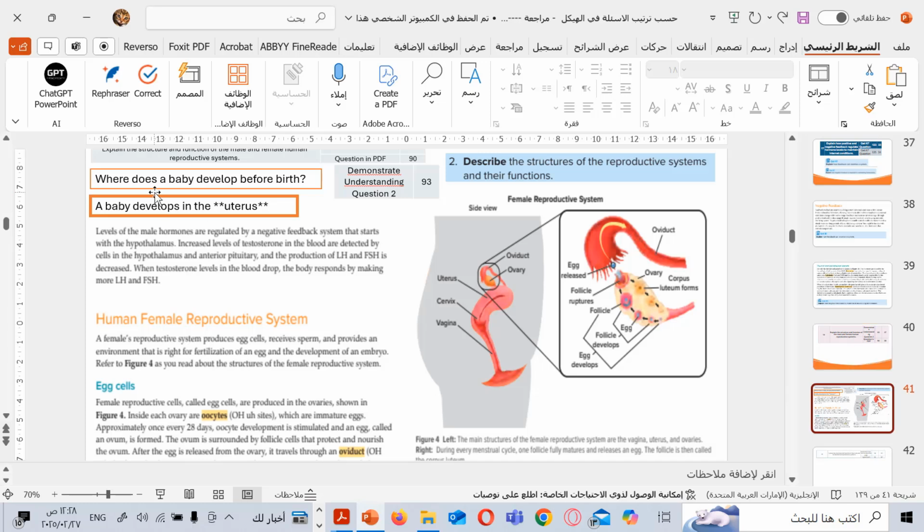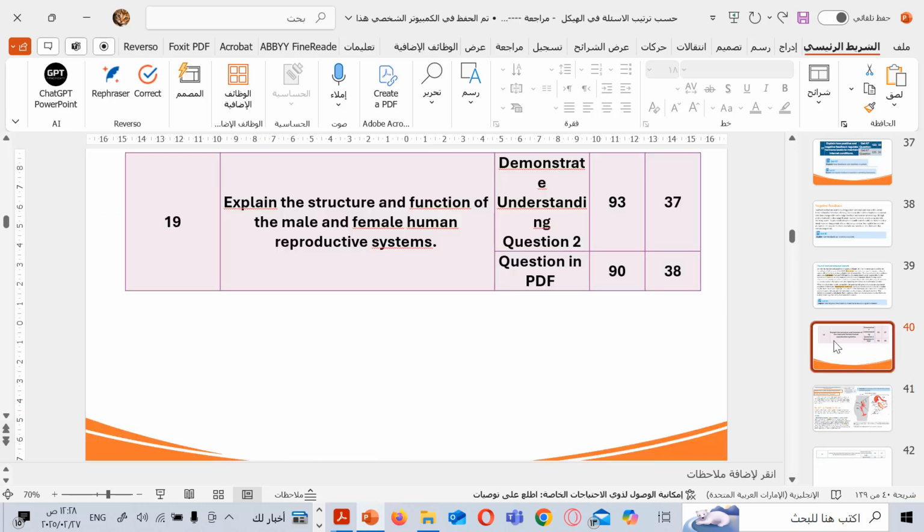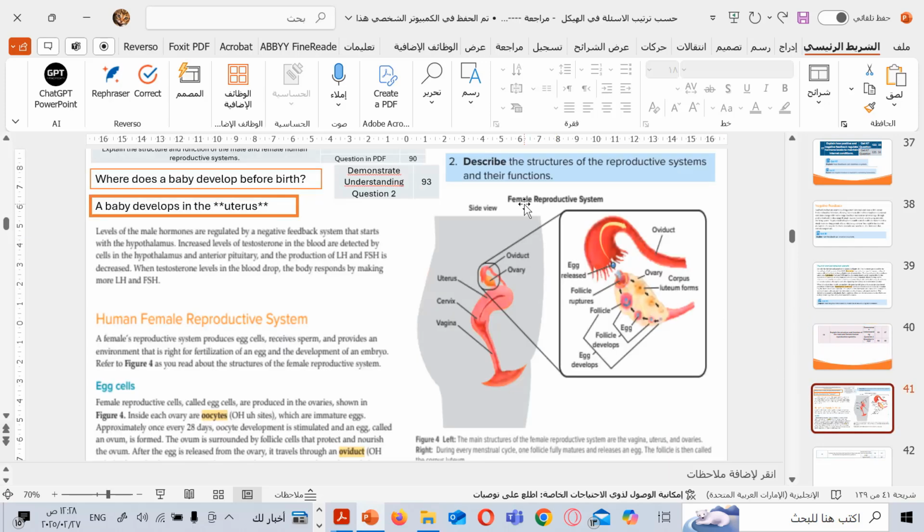This is the question: where does a baby develop before birth? It's just one word. It's in uterus. And the other question, demonstrating, will be: describe the structures of the reproductive system and their function.